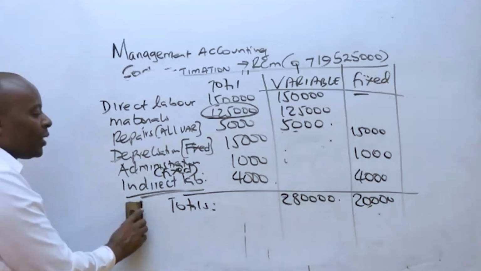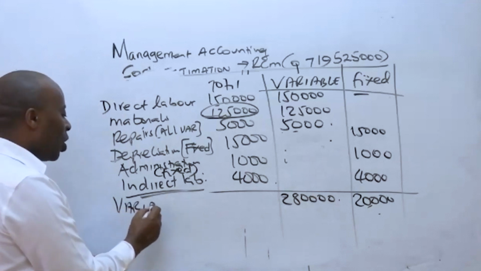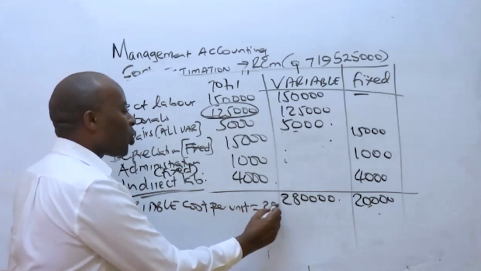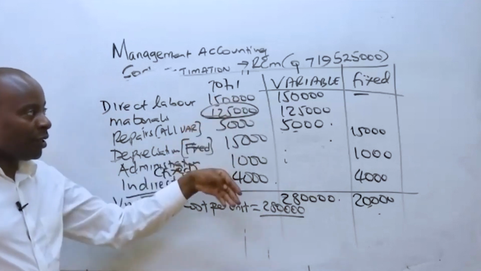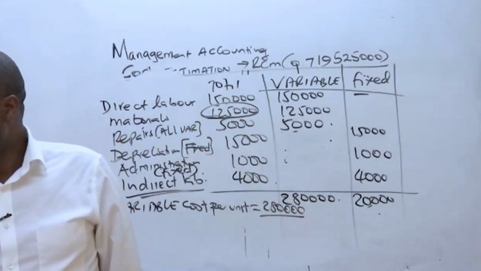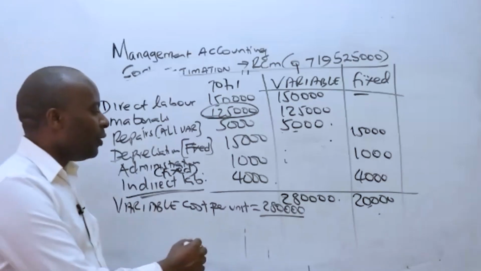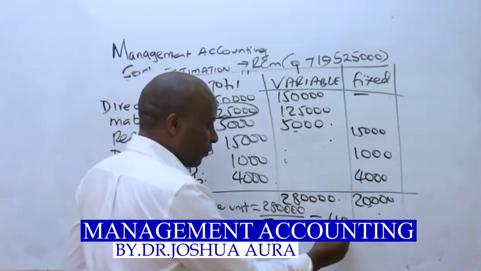So I will take the total amount of 280,000 divided by the number of units which were produced with these expenses, which you have been given in the question: 7,000 units. So please take the figure that you have here, divided by 7,000, and you should be able to give us a figure. 40, thank you very much.